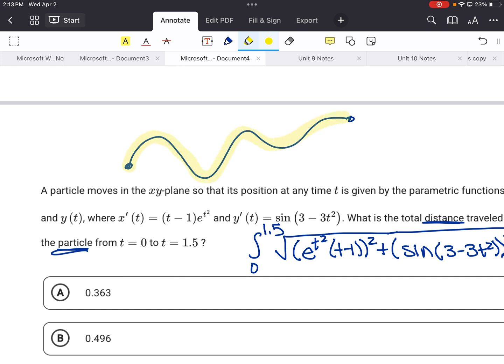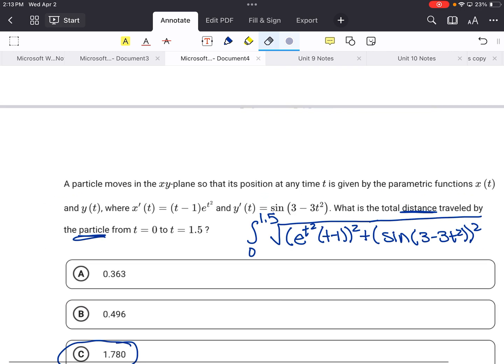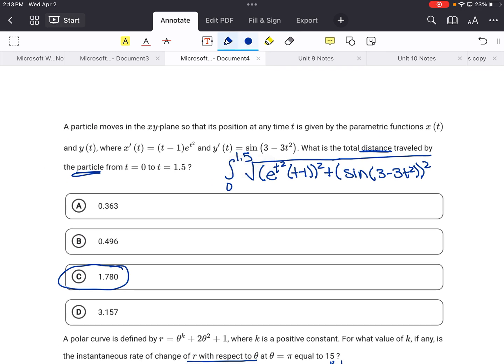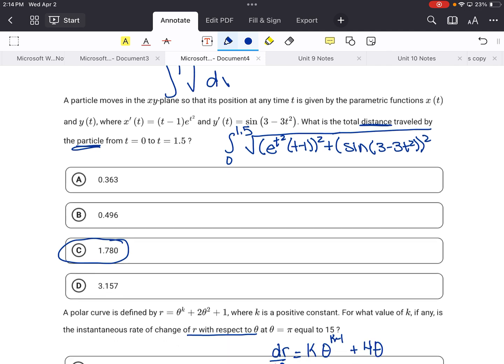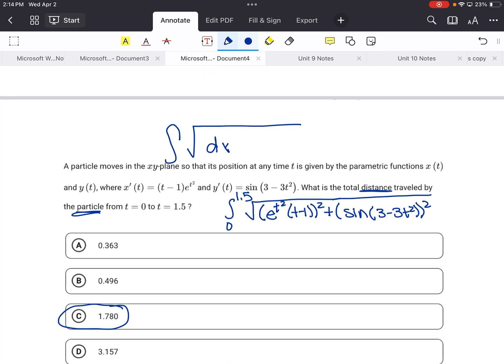So when you're dealing with parametric equations, the total distance is the arc length. So how do I find the arc length for a parametric function? Well, arc length is the integral of the square root of dx squared plus dy squared.